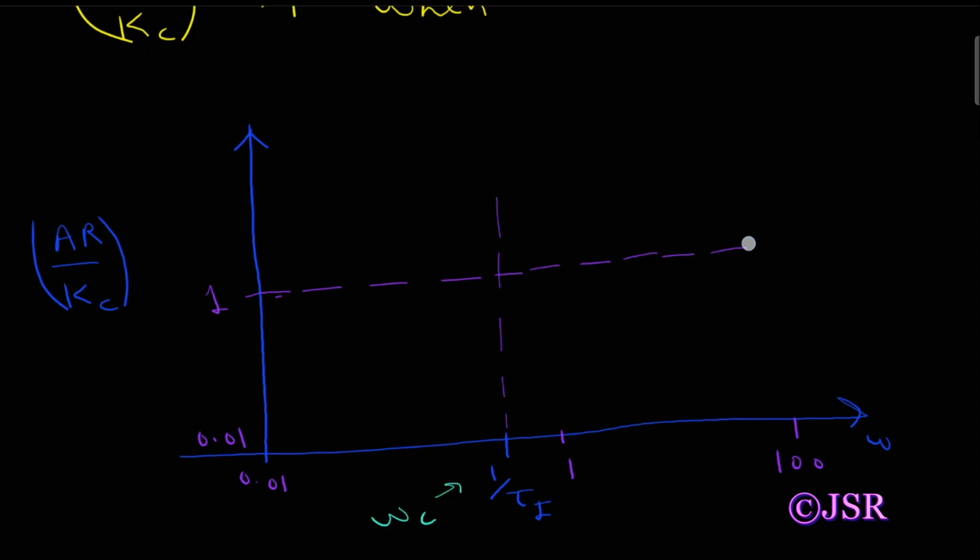So for omega tends to infinity, AR by Kc approaches 1. When omega is equal to omega c, meaning 1 upon tau I, the value is 1.41.